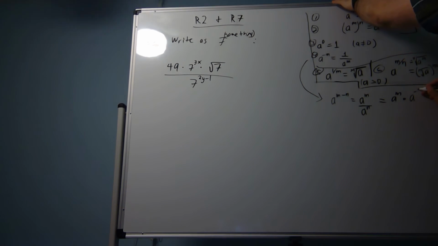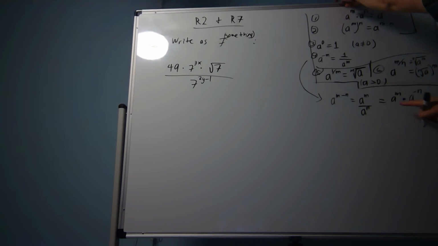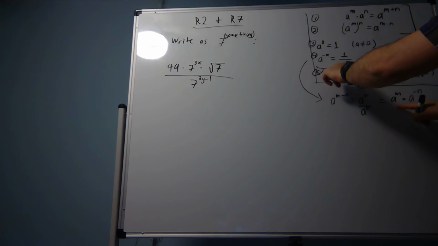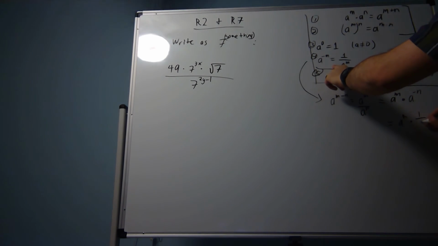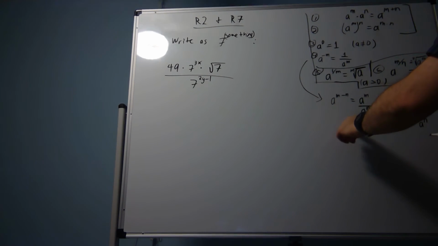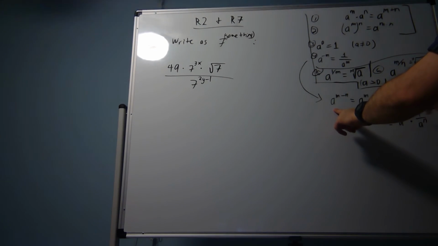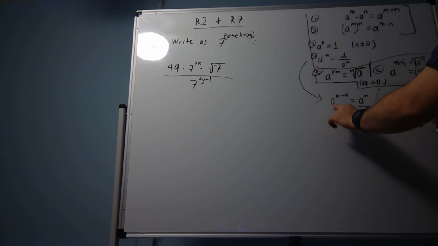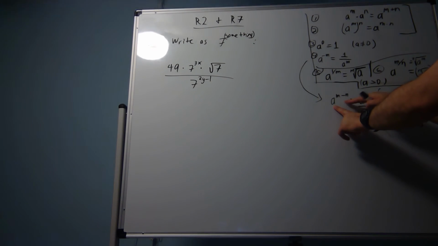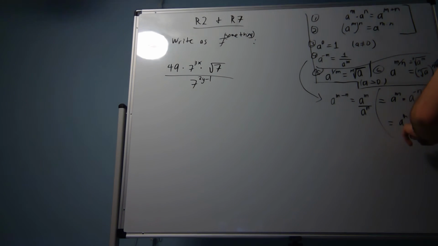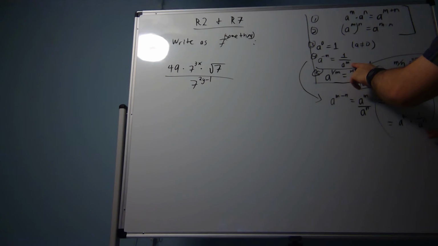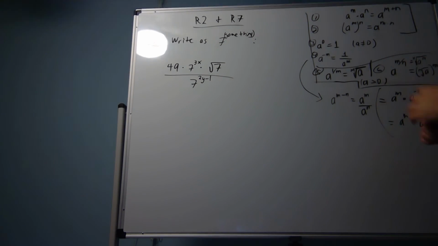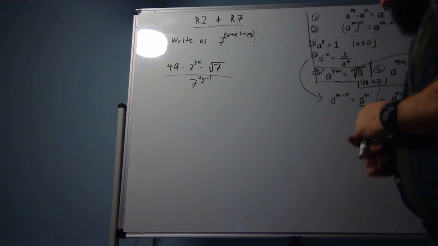So right, that this is identity number 1, and then identity number 4 says that, so this is kind of the proof. So what is a to the m minus n? Well, it's a to the m times a to the negative n, but a to the negative n means you take the reciprocal of that one. So times the reciprocal is what we're using here.